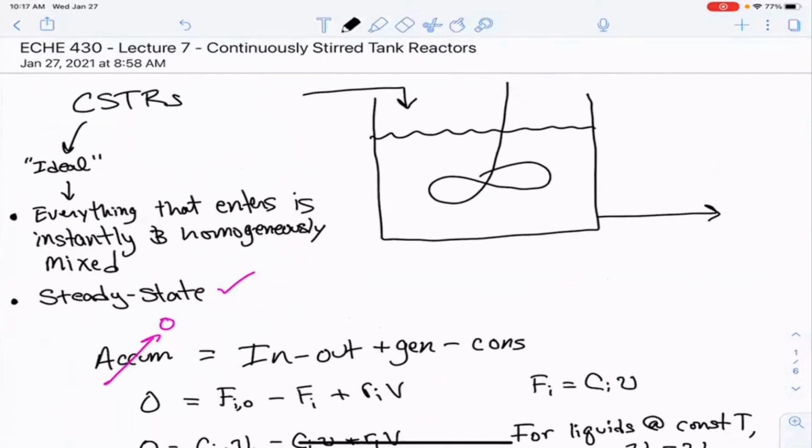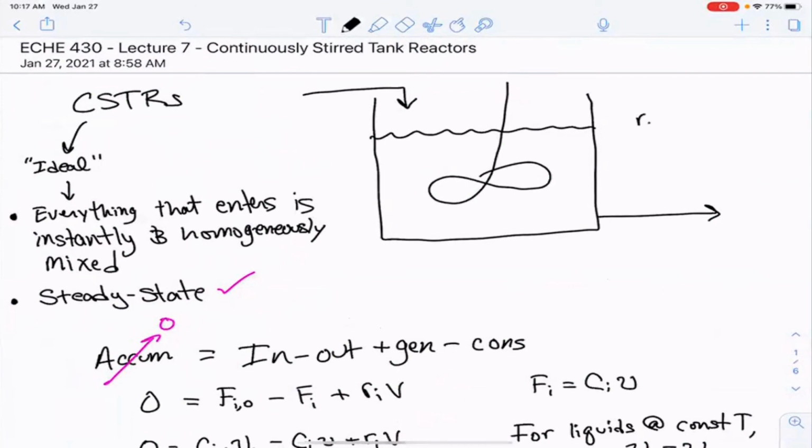We were told that in an ideal CSTR, everything that enters is instantly and homogeneously mixed. So what ends up happening in really big reactors is that as you add a species into the reactor, it is very, very diluted. And that actually drives down the concentration of A.